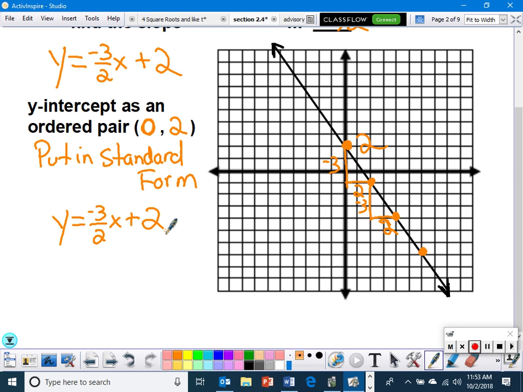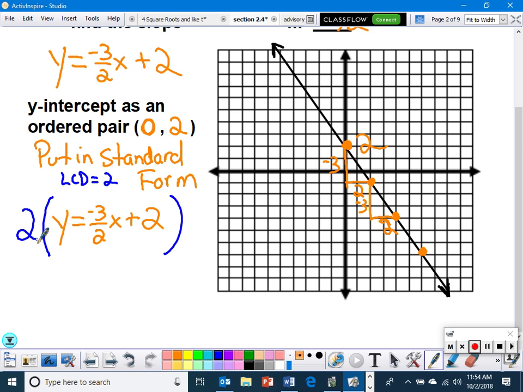Okay, so just like in Chapter 1, we learned how to get rid of fractions by multiplying by the least common denominator. I'm going to multiply the whole thing by the least common denominator. And the least common denominator, it should be obvious, is 2. By doing that, we're going to get rid of the 2 down here. But remember, multiply everything by 2.